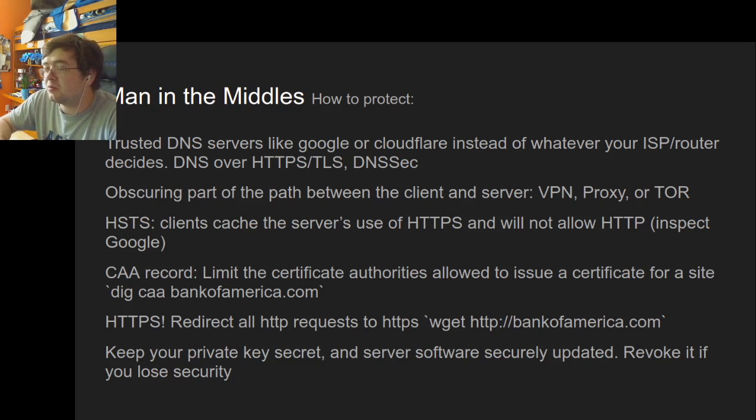Which is hopefully a good thing, right? If I only get my certificates off Let's Encrypt, there's no reason that anybody should ever issue a certificate for something not using Let's Encrypt, right? I'm not going to buy one from somewhere else.